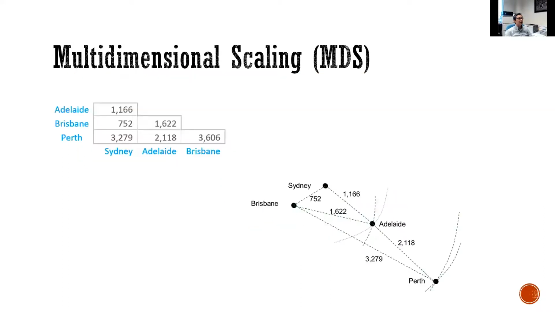Okay, for more complicated multi-scaling questions, I will use 4 major cities in Australia to illustrate that. We have Sydney, Adelaide, Brisbane, and that's the distance between them, and also Perth.